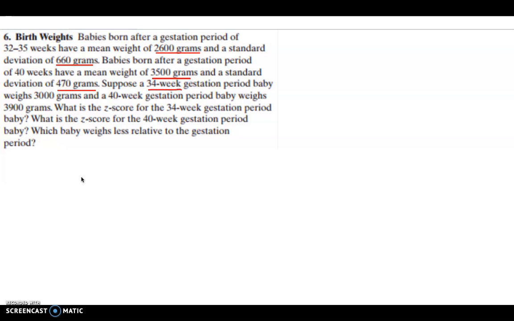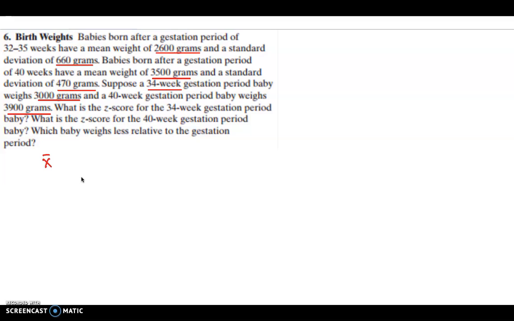Suppose you have a 34-week gestation baby that weighs 3,000 grams, and a 40-week gestation baby that weighs 3,900 grams. We want to find the z-scores to figure out which baby is bigger or smaller, where they lie within their appropriate data sets, and how they compare to the norm within each.